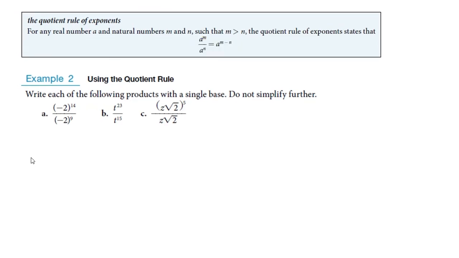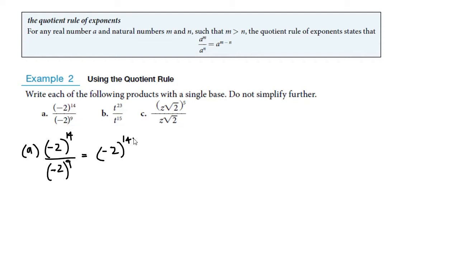Example 2, we're going to use the quotient rule, and we're asked to write the products with a single base and not to simplify. So in part A, the base is negative 2 to the power 14 all over base of negative 2 to the power 9, and because it's a quotient, the base is going to be negative 2, and I'm going to write the intermediate step in here, which we'd normally do mentally.